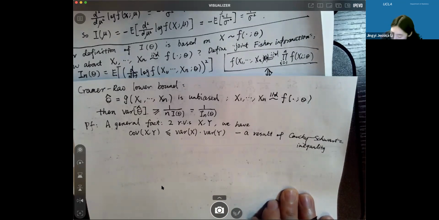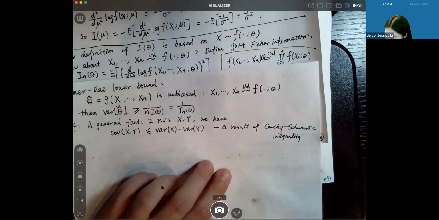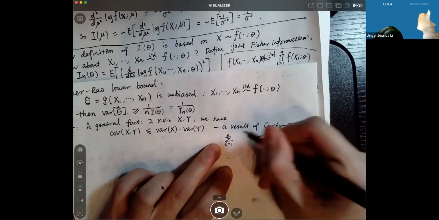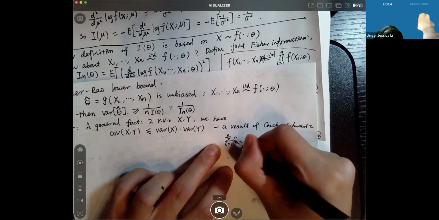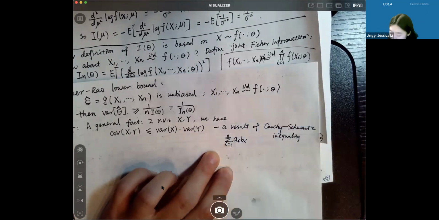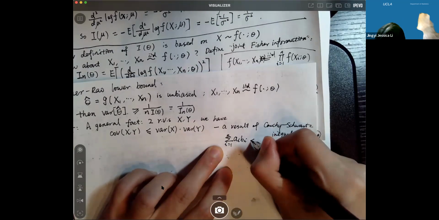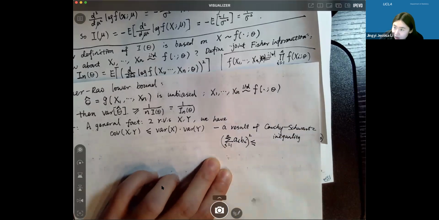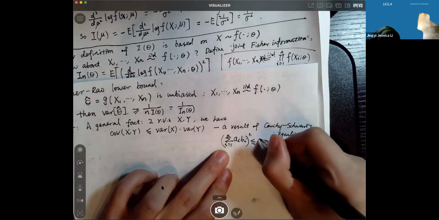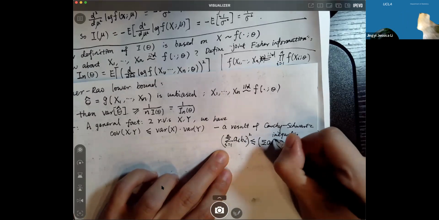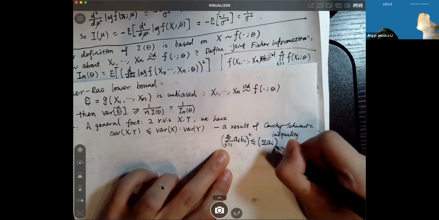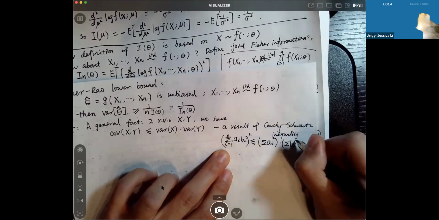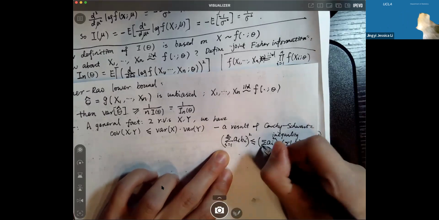The general form of Cauchy-Schwarz is this: if you have two sequences a_i and b_i, then the square of the sum of a_i b_i is less than or equal to the sum of a_i squared times the sum of b_i squared.